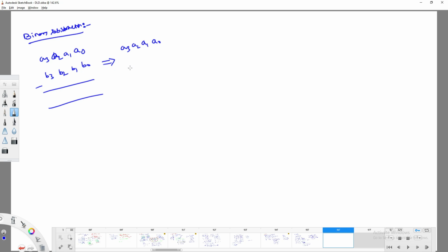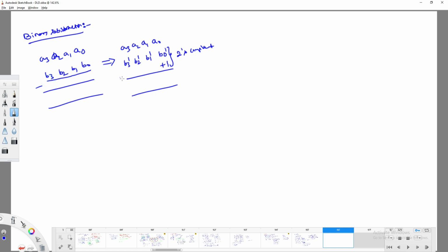For that I make B0 complement, B1 complement, B2 complement, and B3 complement, and then simply add plus 1. This is the 2's complement of the number, meaning that this is actually the negative number of this one.